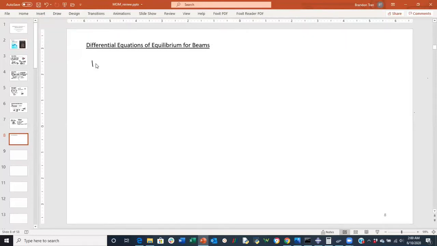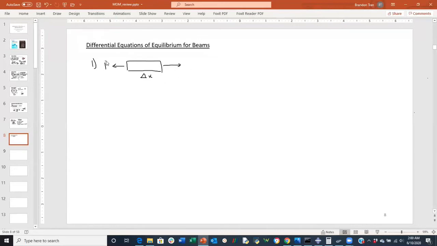Okay, so starting out with the first equation of equilibrium here, it's simple mechanics and materials method. So let's go ahead and sum forces in the x direction. So let's assume we take a section of a beam, some delta x of a beam.